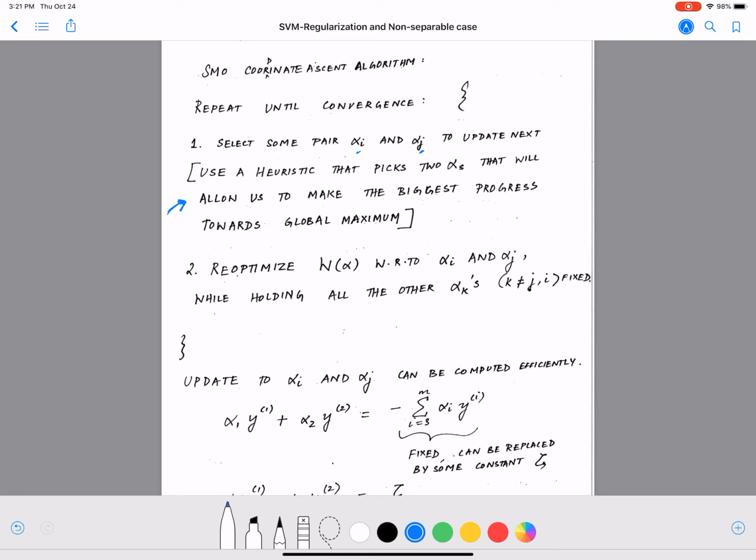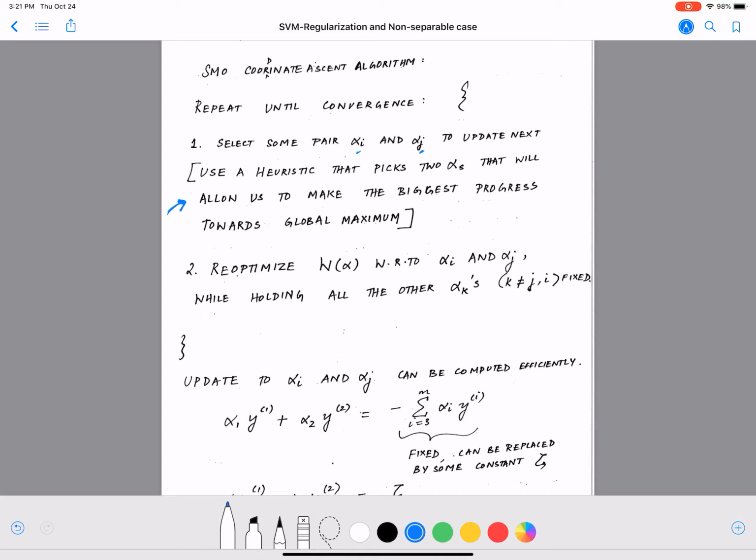There is usually a heuristic that helps you pick which alphas will give you the maximum progress toward the global maximum, right? So you want to select the alphas that make the maximum leap toward convergence. And usually a heuristic is used there.